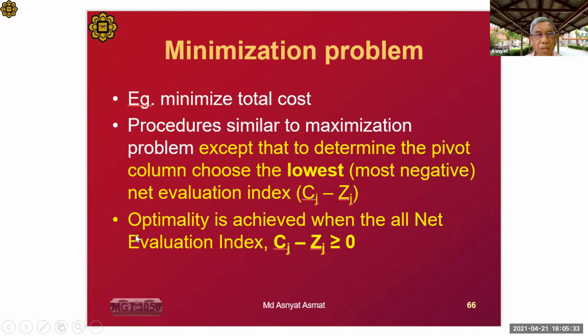Then for optimality, all the net evaluation indices must be greater or equal to 0. For maximization, less or equal to 0. For minimization, greater or equal to 0. These are the two differences. If you look at the textbook, there are some different approaches, but this is the easier way of looking at it for me.